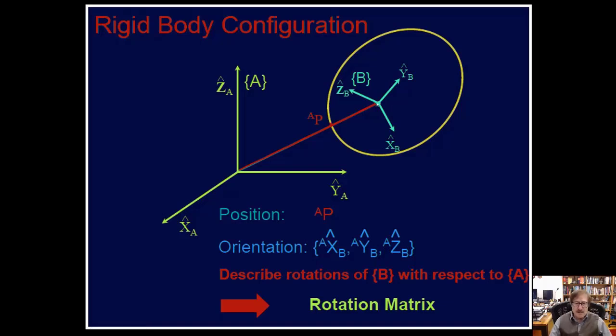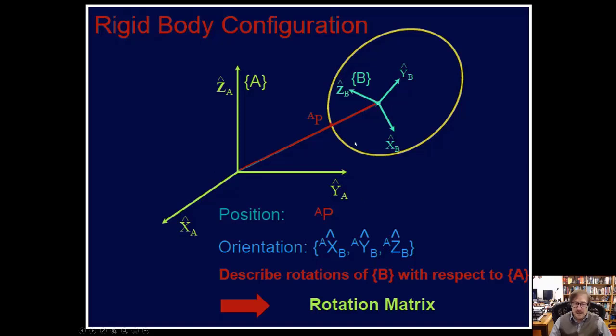represented by a position vector, as you see, the red one, and we say that point P's position vector with respect to the base frame A, and the orientation of the axes of the moving frame with respect to the original frame.